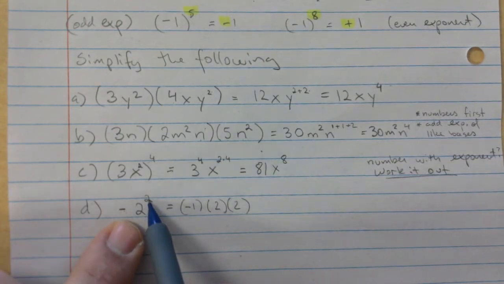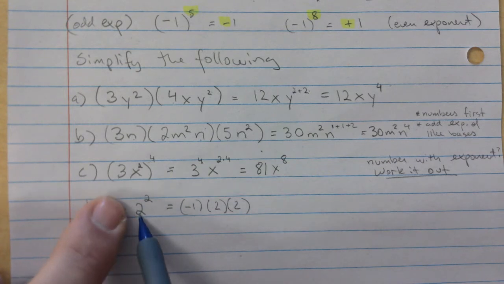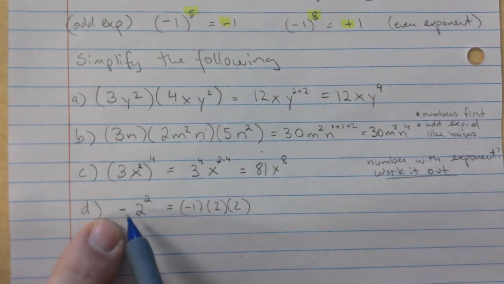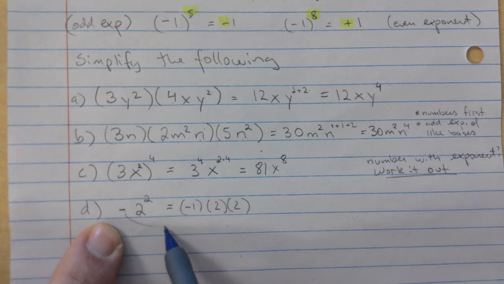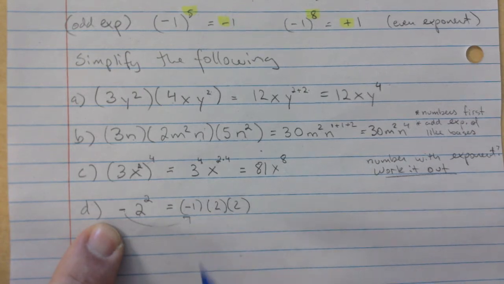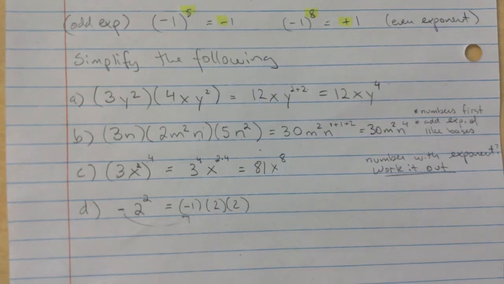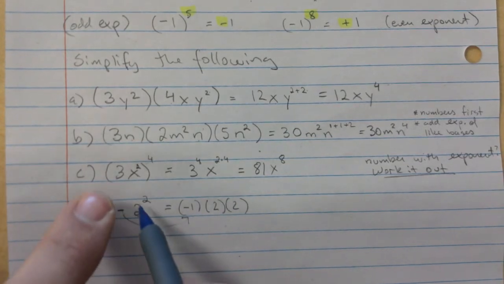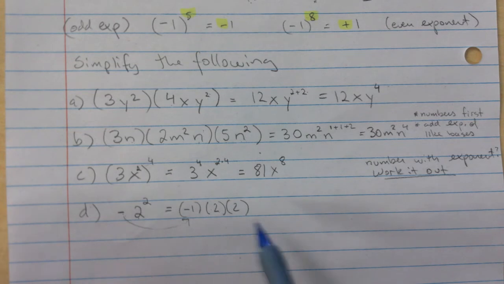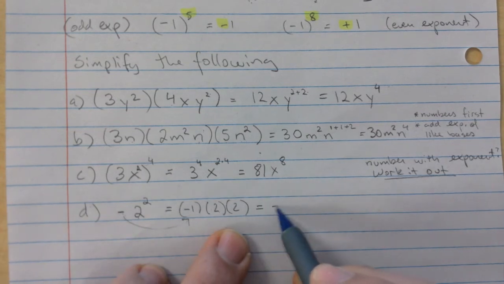Because this exponent is only affecting the 2, not including the negative. So the negative, you got to give it a placeholder, which we do -1, and then we multiply 2 times 2. So if this had been in brackets, the whole thing, yes, it would have been a positive answer, but in this case, it's -4.